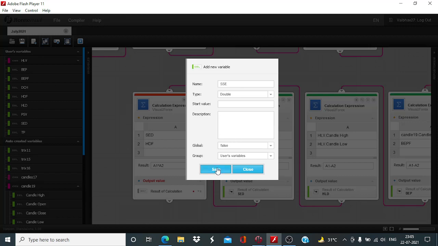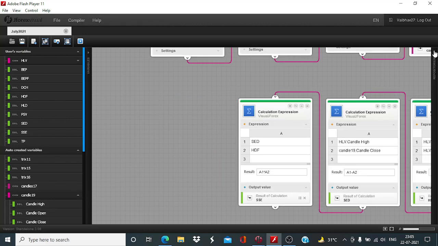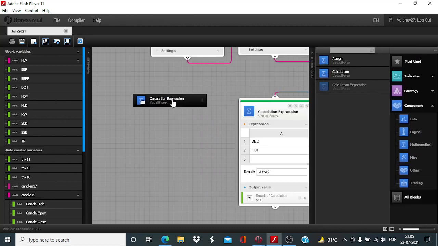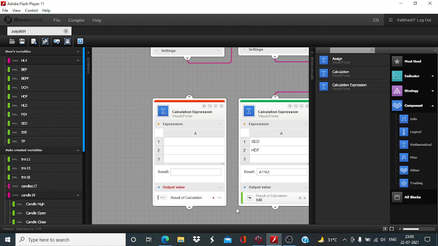I will name it SSE, and we have to add these to the last hour candle close. So again, one more calculation expression block.